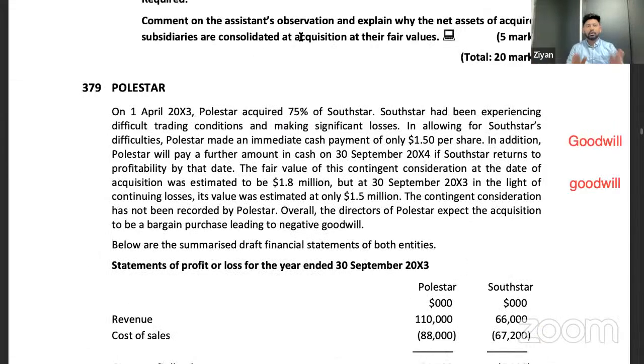Start reading. On 1st April 2013, Polestar acquired 75% of Southstar. Southstar had been experiencing difficult trading conditions and making significant losses. Does it matter to us? No. Go further. In allowing for Southstar's difficulties, Polestar made an immediate cash payment of only 1.5 per share. Does it matter to us? Figures, yes, that's an investment cost, my dear. That's relevant.